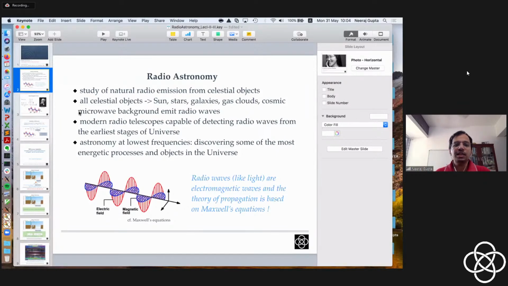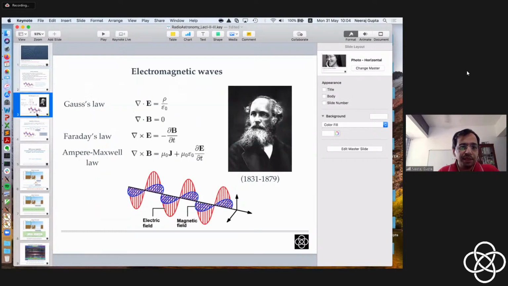So let us now start with some very basic overview, some foundation of what radio waves are. So radio waves, like light, are electromagnetic waves. There's nothing more special about them. And the theory of propagation is based on Maxwell's equations, which you are all very much familiar with. You have Gauss's law, which tells you that the net electric flux through a closed surface is proportional to the enclosed charge.